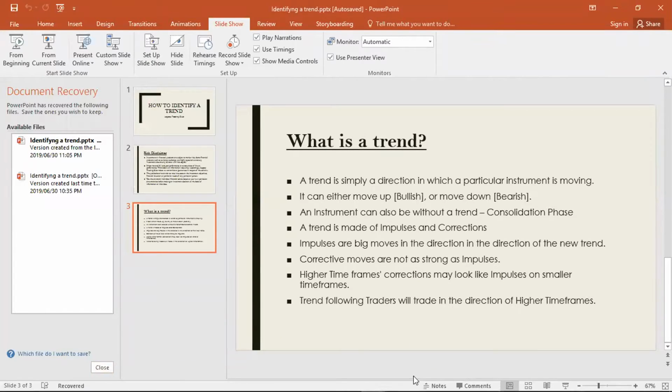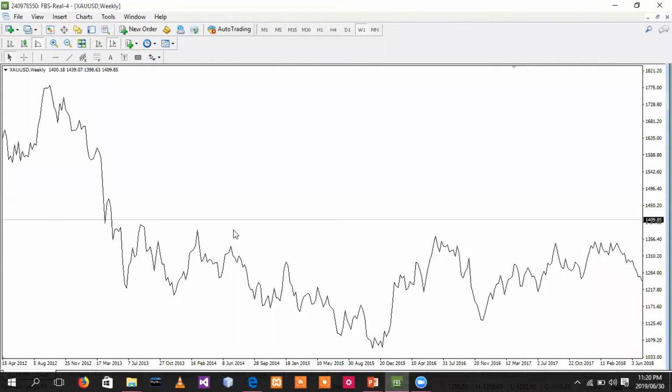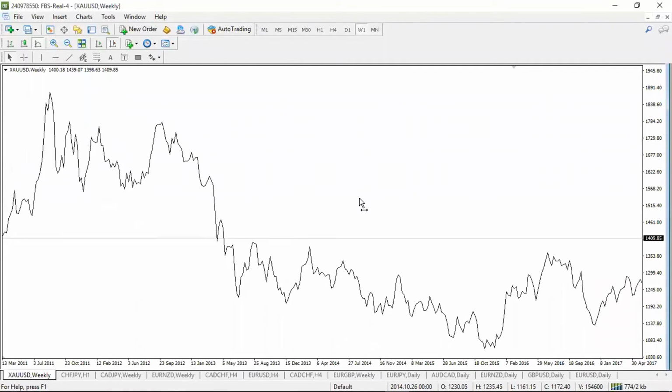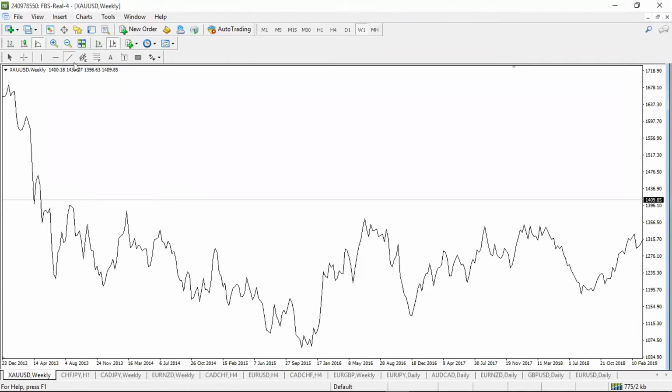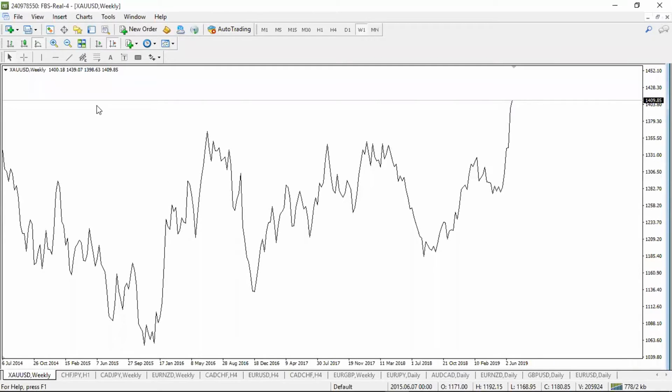So yeah, let's look at the chart. So the market can be either going down, which is a downtrend, or it can be going up, which is an uptrend. Okay, this is an uptrend, it's going up.